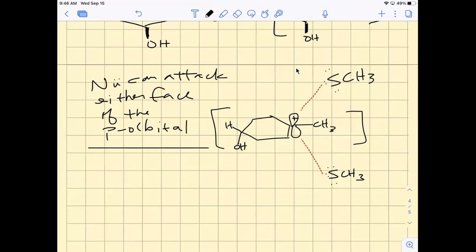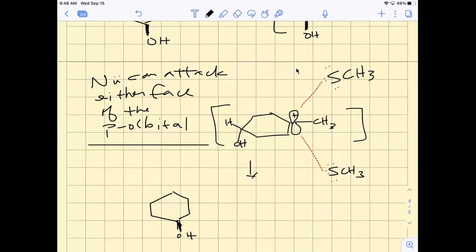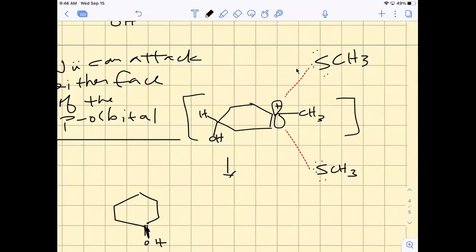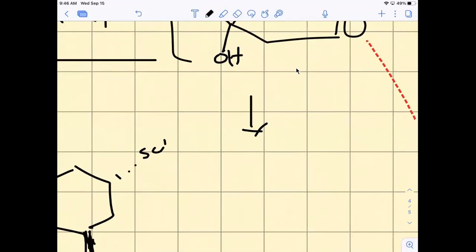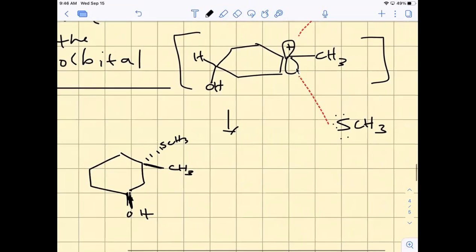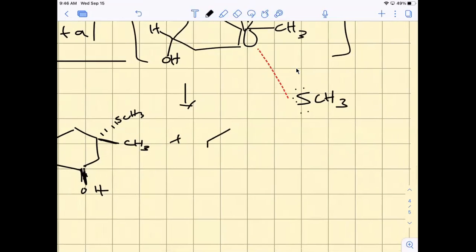So then your product ends up looking like this, where you have that here, and so that's one product, but you're also going to get the other product as well.